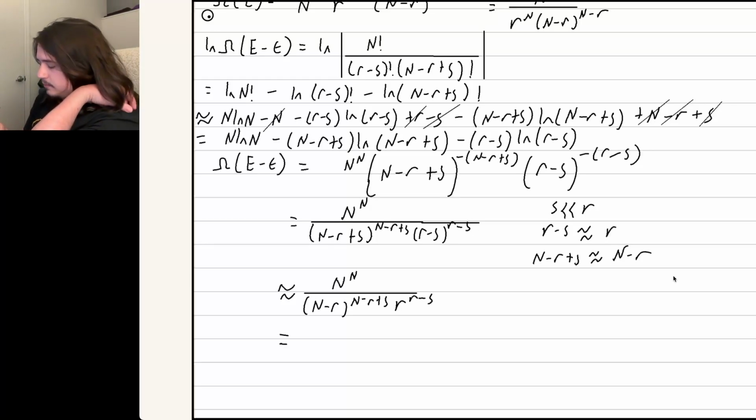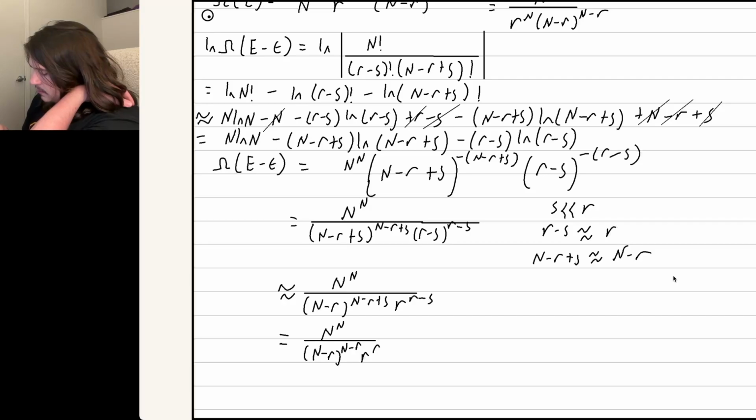And then we can factor out all of the stuff that we've seen before, and leave behind r to the s divided by n minus r to the s.